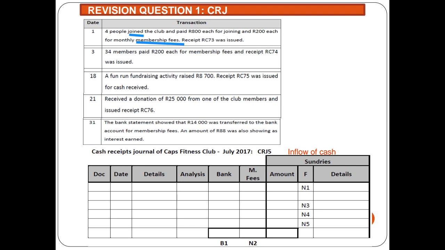RC73. Sorry, guys, it's a little bit big. I think I need to reduce it. Let's see if I can reduce it. Is it visible enough, guys? Can you see what I wrote there? Yes, sir. It's visible.